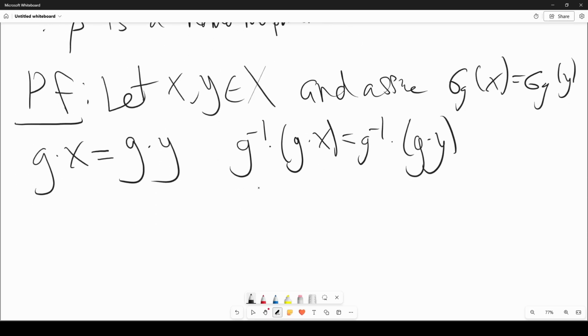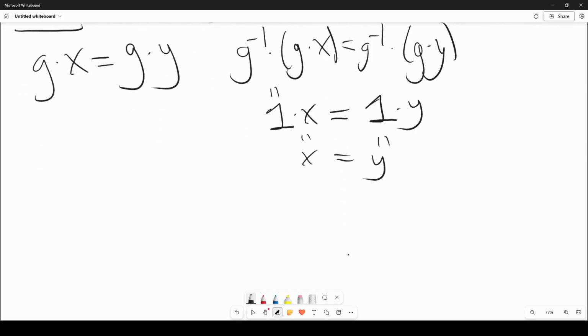But using the action law, I can regroup the g inverse and g, and this just gets me 1 dot x equals, and I can do the same thing over here, but I know this is just x and this is y, so I get x equals y, which means sigma g is injective. Okay, injective. Now let's prove that it's surjective.